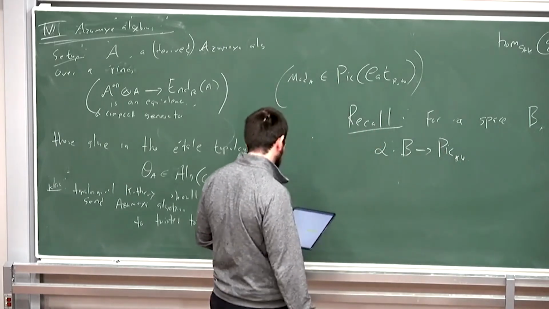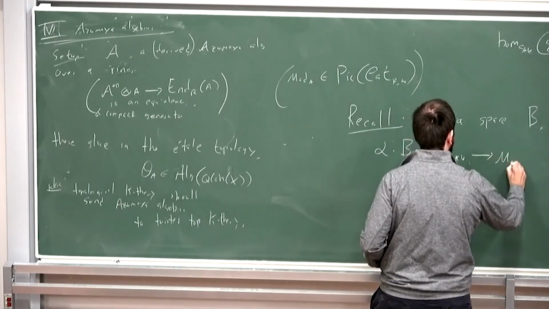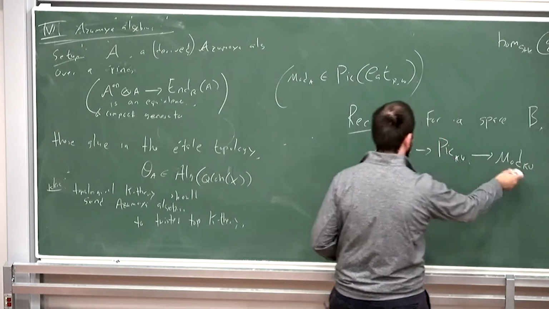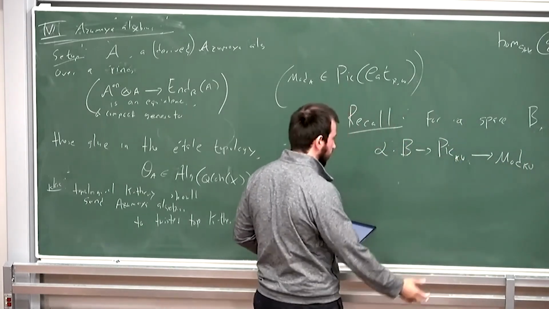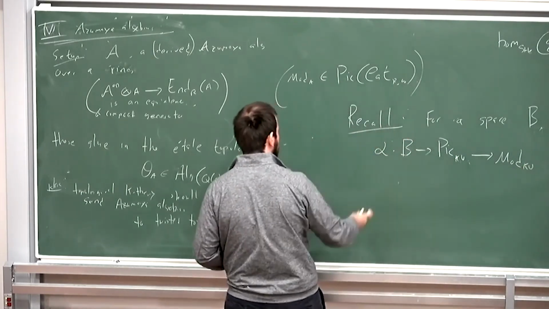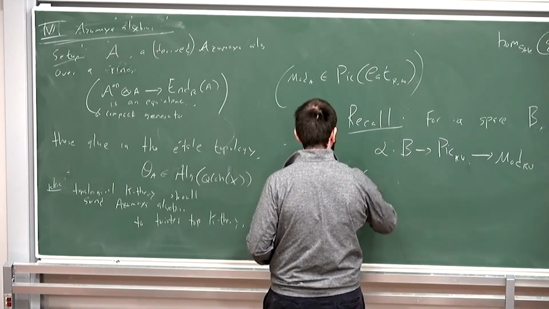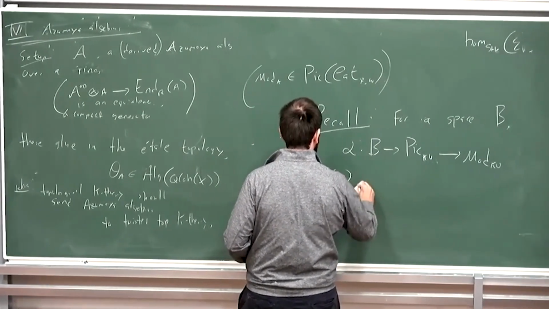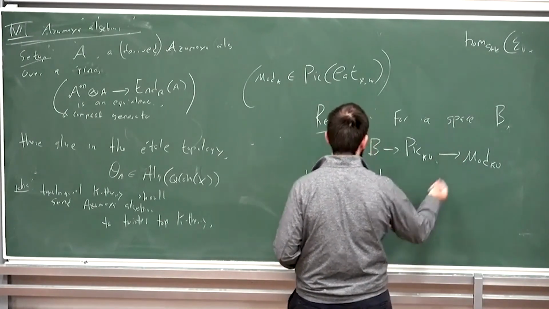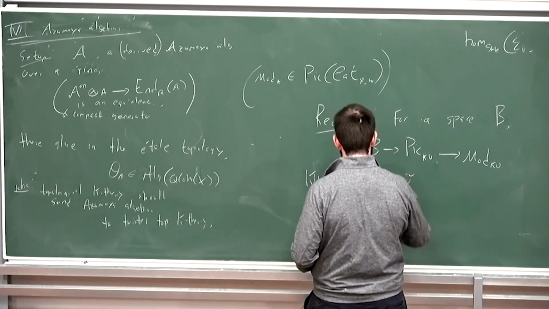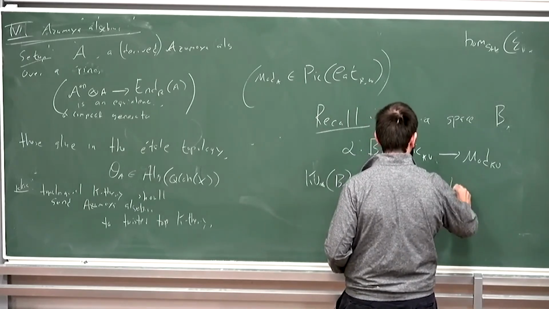So we can compose with this fully faithful embedding into KU-modules. This is the space of invertible objects in this category. This category is complete, so we can take the limit of this diagram. So essentially, we define KU alpha of B to be the limit of the composition, which I'll denote alpha tilde, indexed by B. And this will be an object in KU modules.